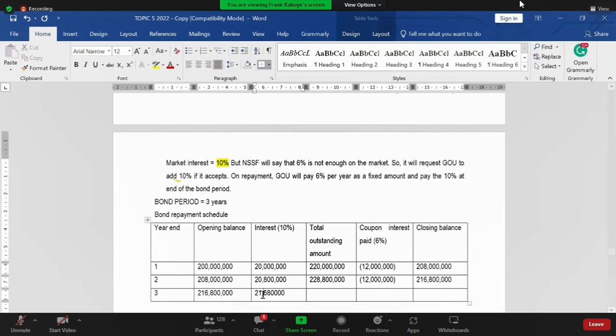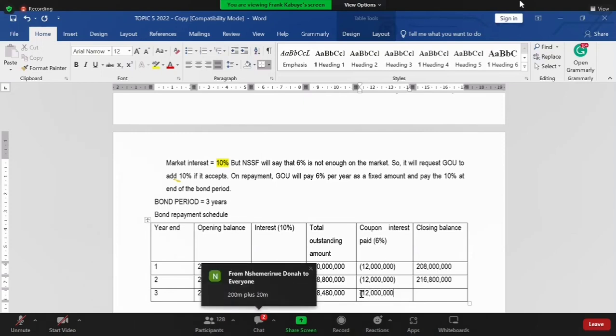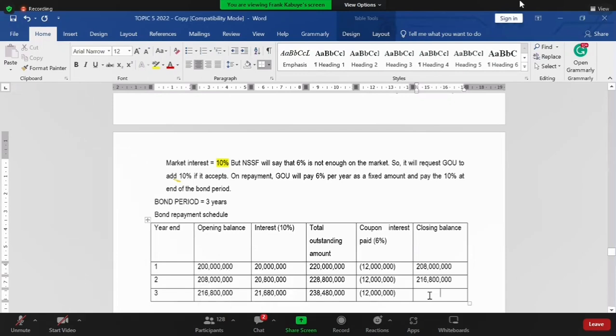Then you add the two. So finally, the outstanding balance will be 250.